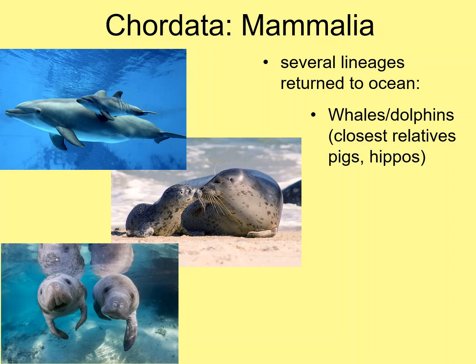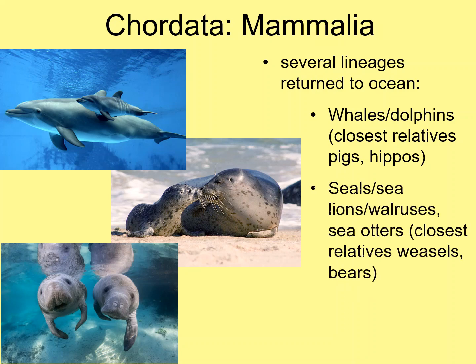They're our only vegetarian marine mammal, which is pretty cool. We have our pinnipeds, our seals, sea lions, and walruses, who are all in Carnivora. So the closest relatives are weasels, for example. Also fairly closely related to dogs and things like that. Canids.